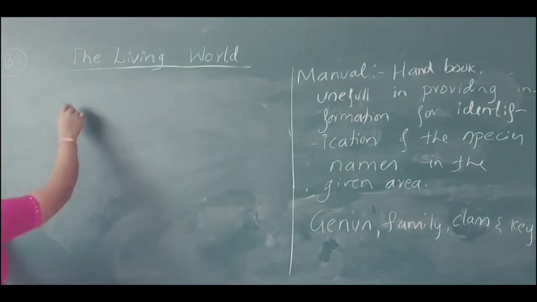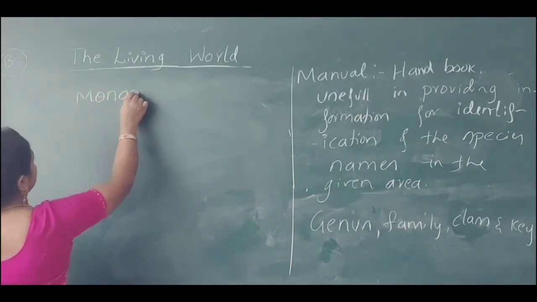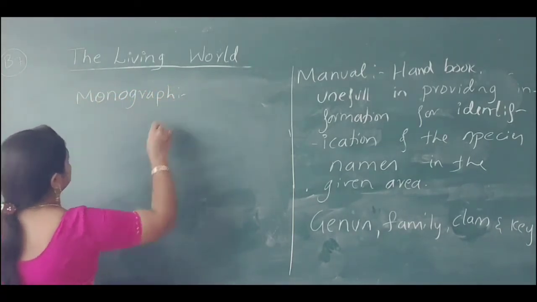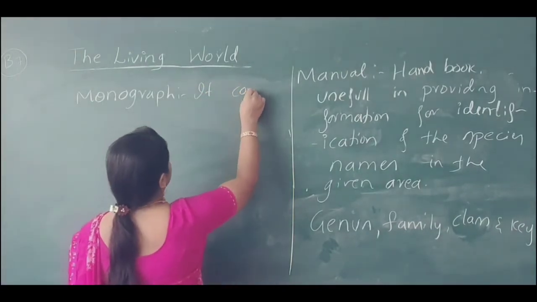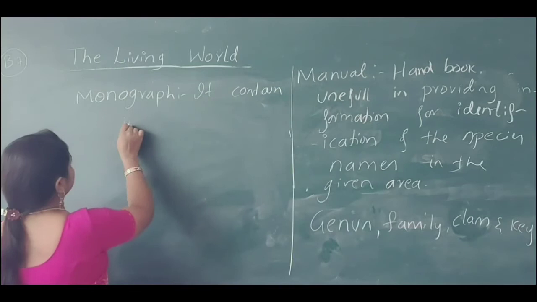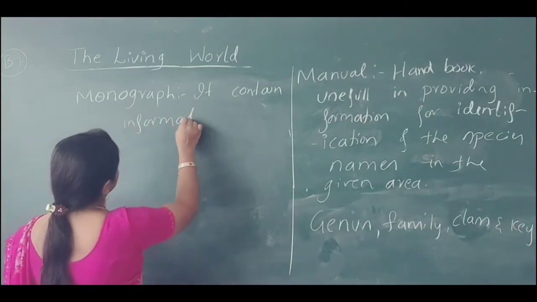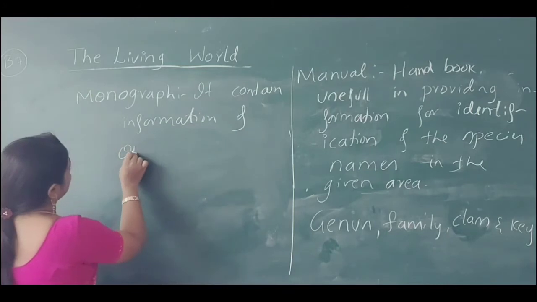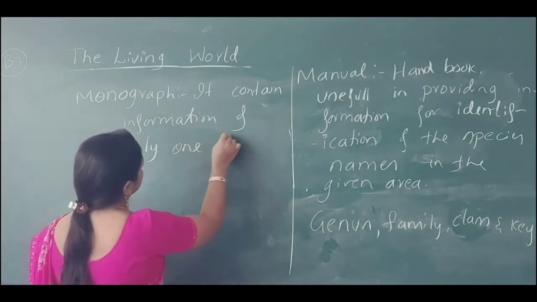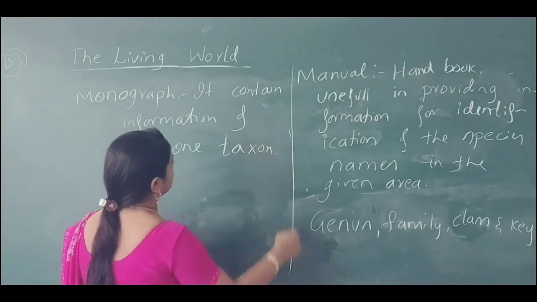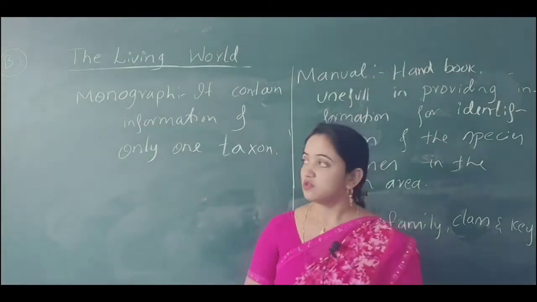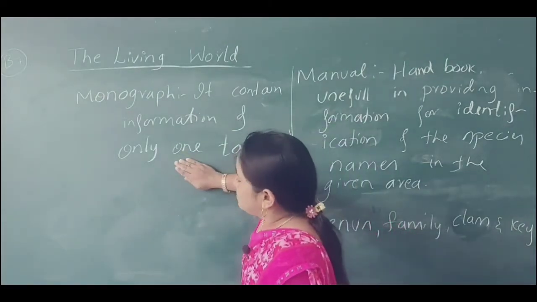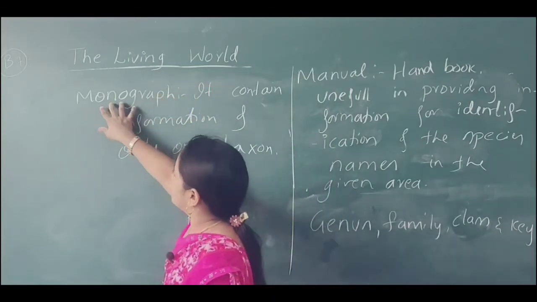One more is there, monograph. So what is monograph? Monograph contains information of only one taxon. Taxon means a scientific word for the categories. So the information of one particular taxon will be present in the monograph.